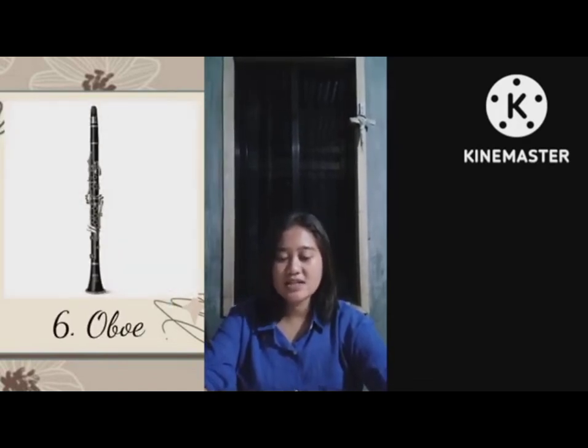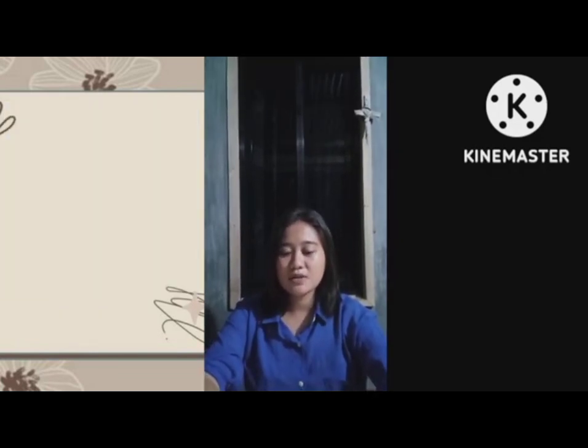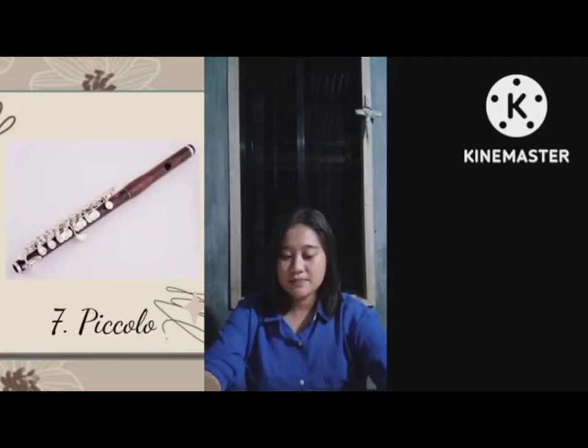Number 6, we have oboe. It is a woodwind instrument with a double reed mouthpiece, a slender tubular body, and holes topped by keys. The last soprano instrument is piccolo. It is the high-pitched woodwind instrument used in orchestras and military bands.